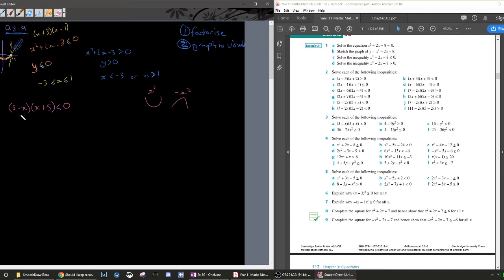So this one, using the null factor law to find the intercepts. I find it's handy to go back to the original null factor law, especially when you have a negative x inside here. So we have 5 minus x is equal to 0, or x plus 5 is equal to 0. So we get 5 is equal to x, or x is equal to negative 5.